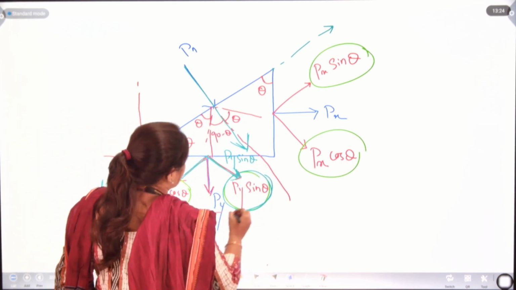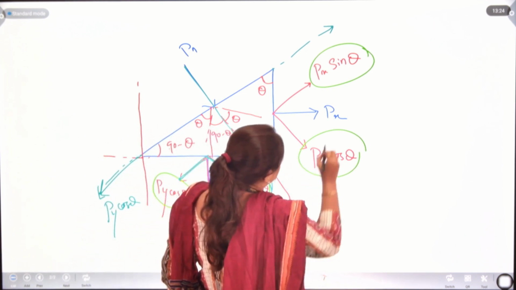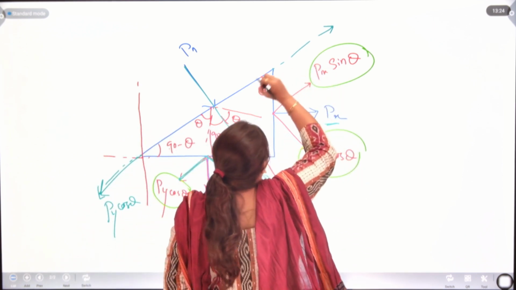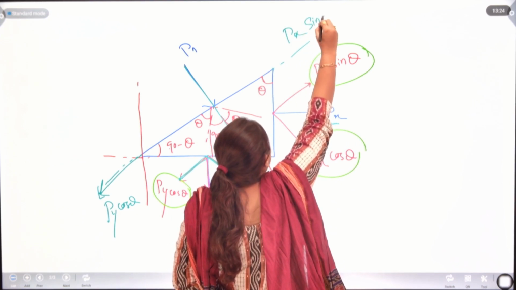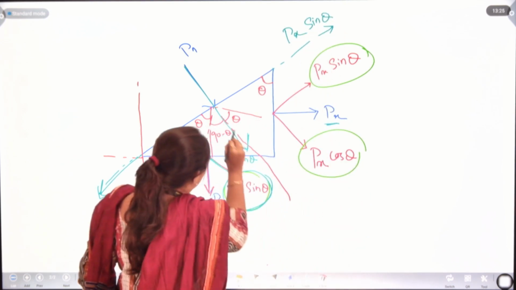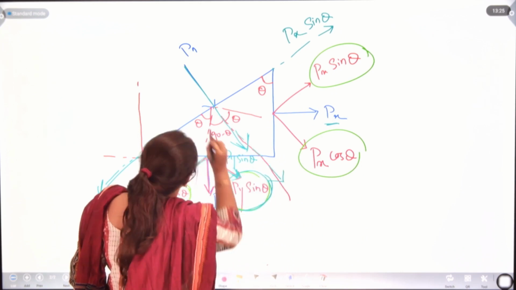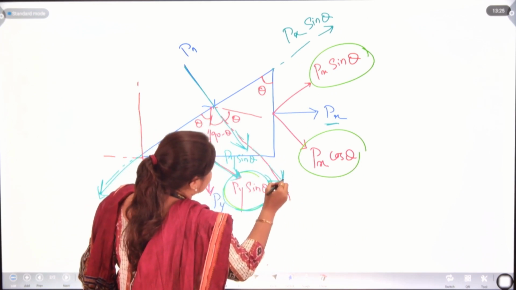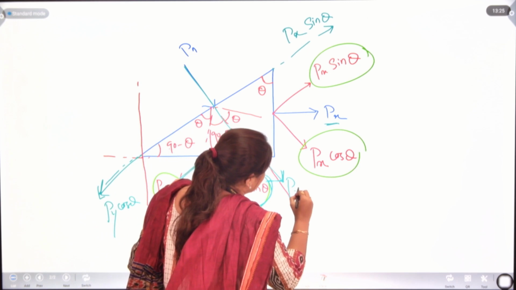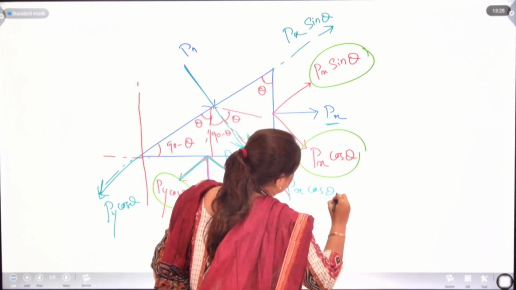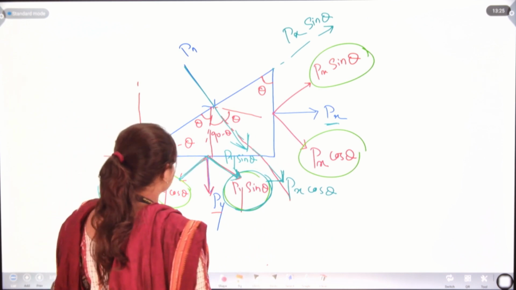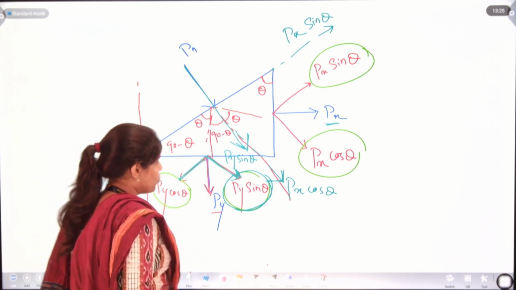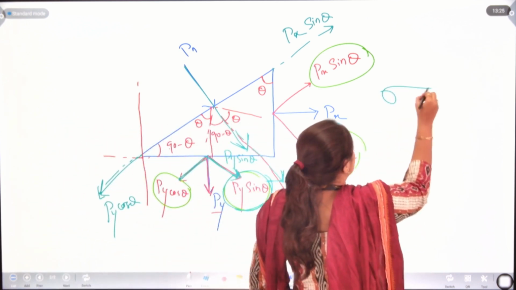Now, due to this Px, we are having here Px sin theta, and along Pn we are having one stress, that is Px cos theta. Okay. So now we need to find out what?